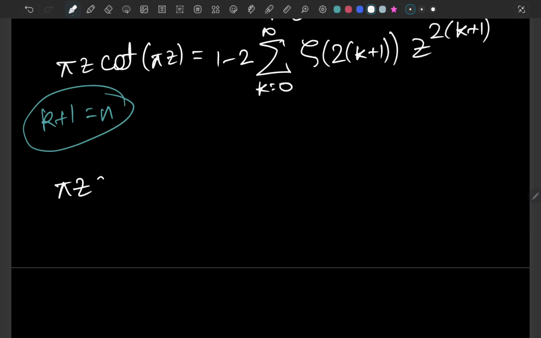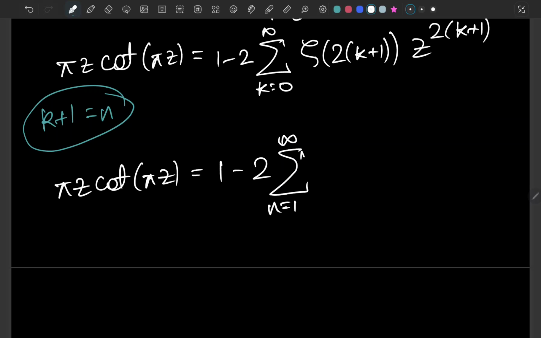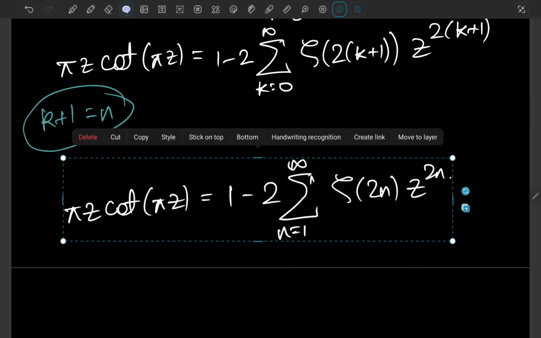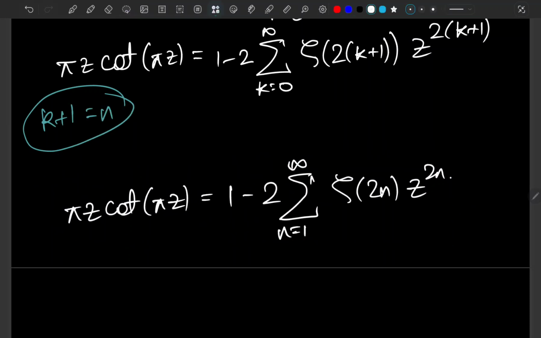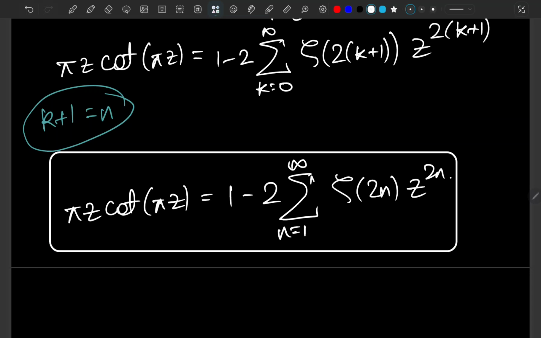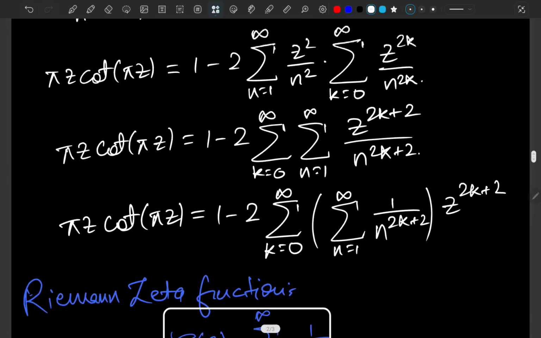So hence we are here with our final result, pi z cotangent of pi z equals 1 minus 2 times this sum as n goes from 1 to infinity of Riemann zeta of 2n and z to the 2n. Here it is, guys. Wasn't that amazing? Like literally we didn't use any extraordinary stuff here. We just did some manipulations and we are here with our final result.